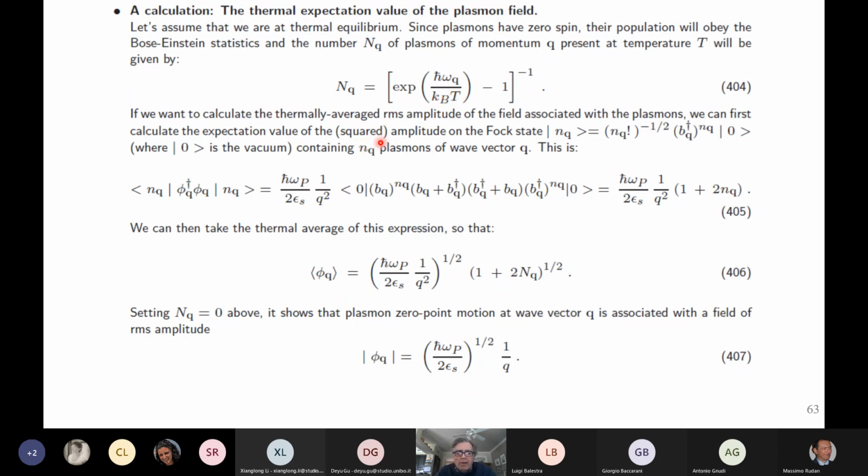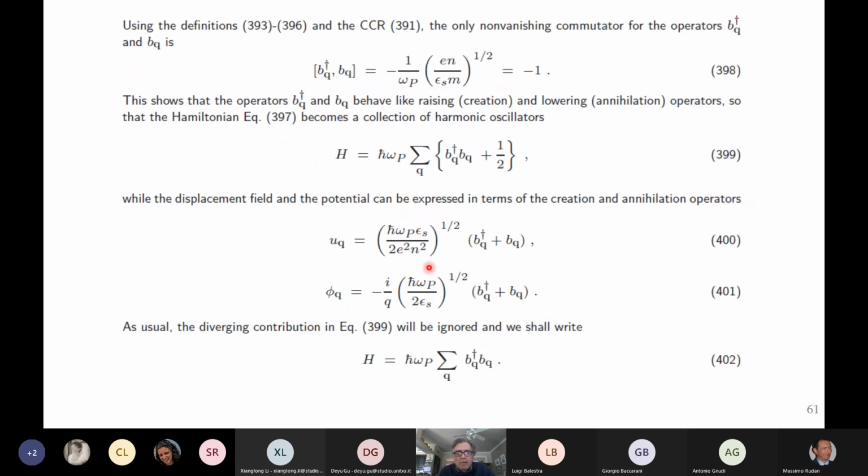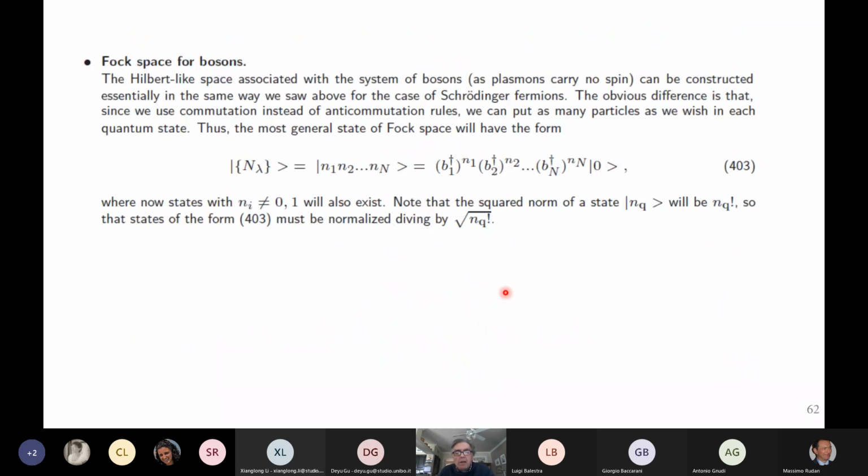So what I want to do is calculate the expectation value of the square of the potential on a state in which I have a given number of plasmons with momentum Q. The calculation of the expectation value will be relatively simple because I have to calculate the expectation value of B dagger and B on states of this sort.